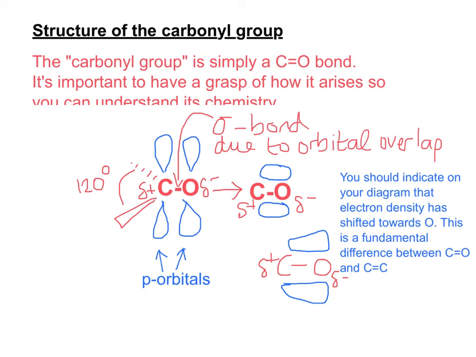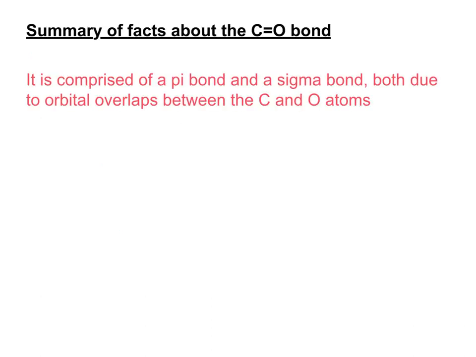So let's now look at summarising some of the facts surrounding the carbonyl bond. I have to go to a new slide for this. The first thing to remember is the makeup of the bond is very similar to a carbon-carbon double bond from last year, except this time it's a carbon double bond oxygen.